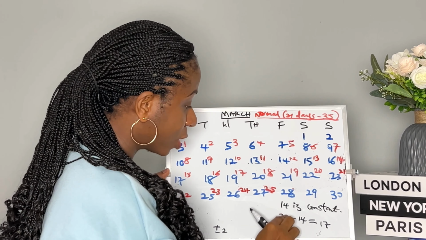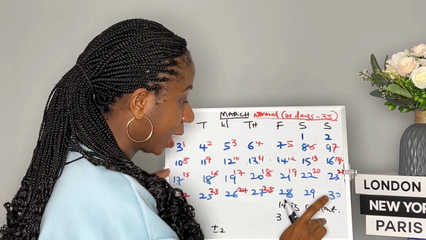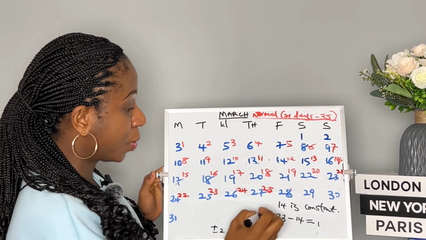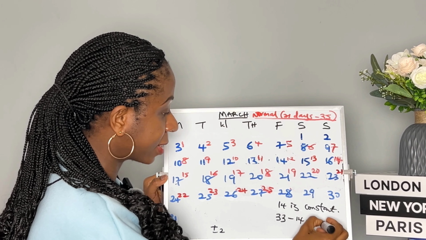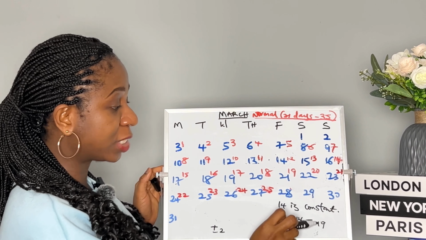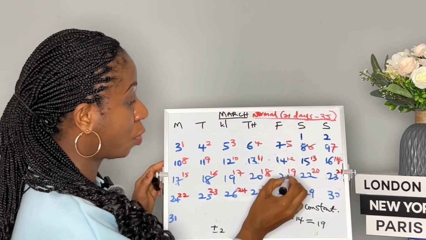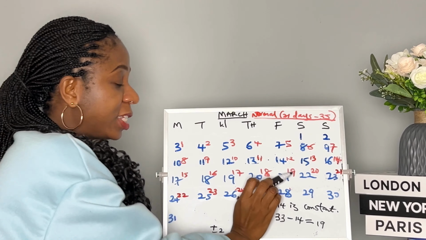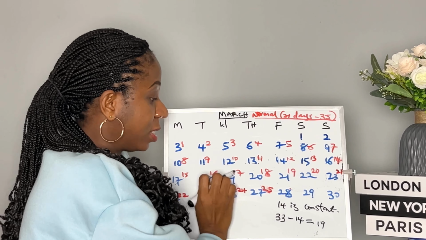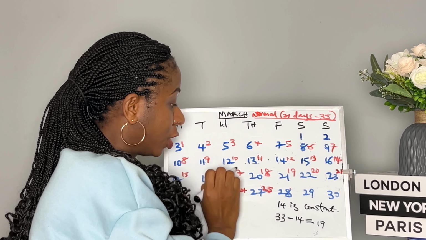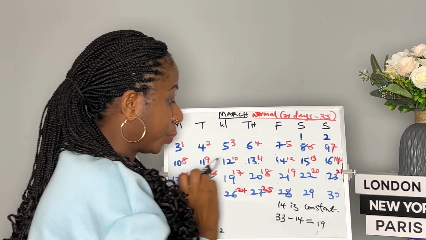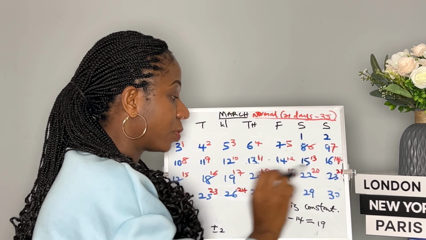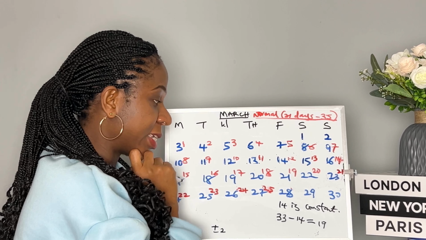So the next is going to be a 33-day cycle. 33 minus 14 is going to give us 19. So she could ovulate on the 19th of her menstrual cycle. If she's ovulating on that day, plus or minus 2, from day 17, 18, 19, 20, 21, she could ovulate on any of these days.